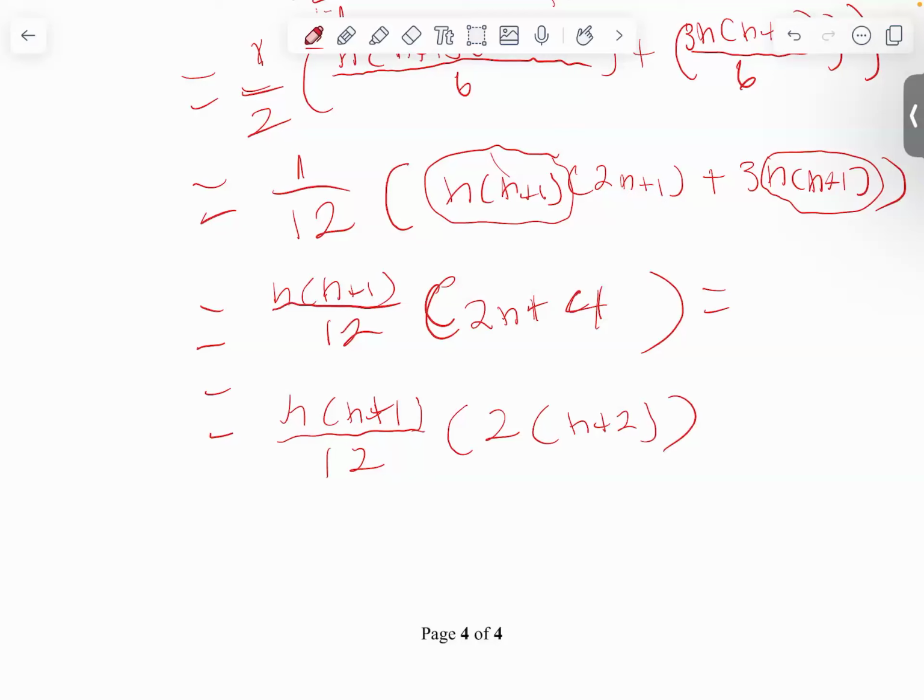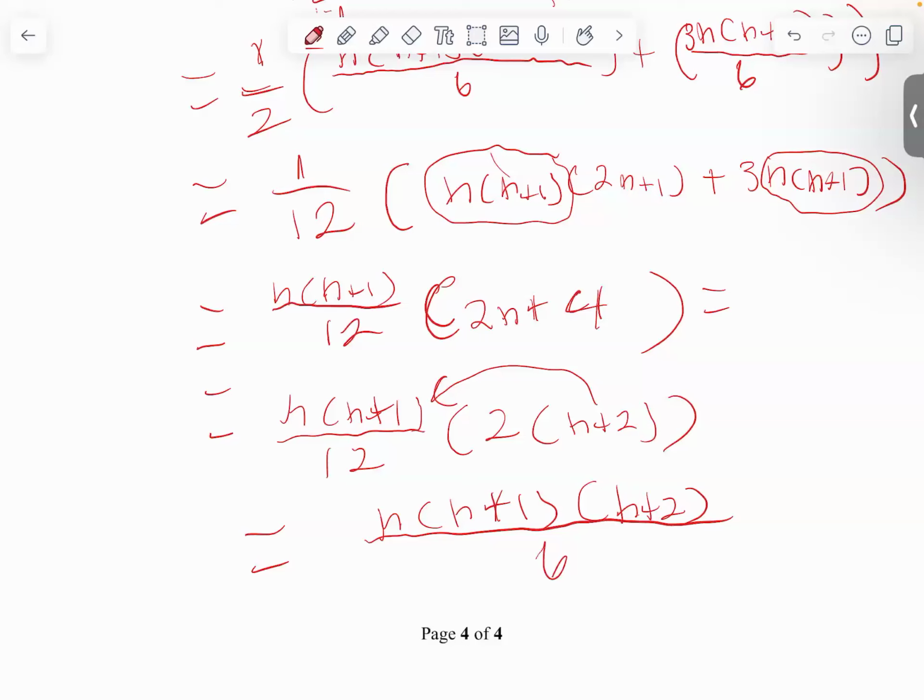And then we know that this 2 is going to cancel out with this 12 and that's going to turn into a 6 in the bottom. And that's going to evaluate out to n times n plus 1 times n plus 2 over 6.